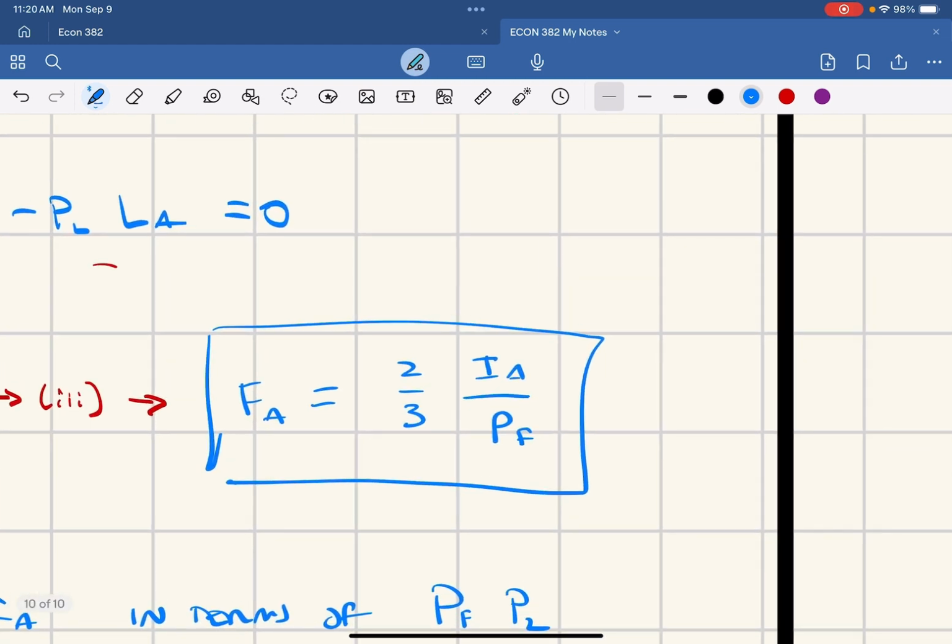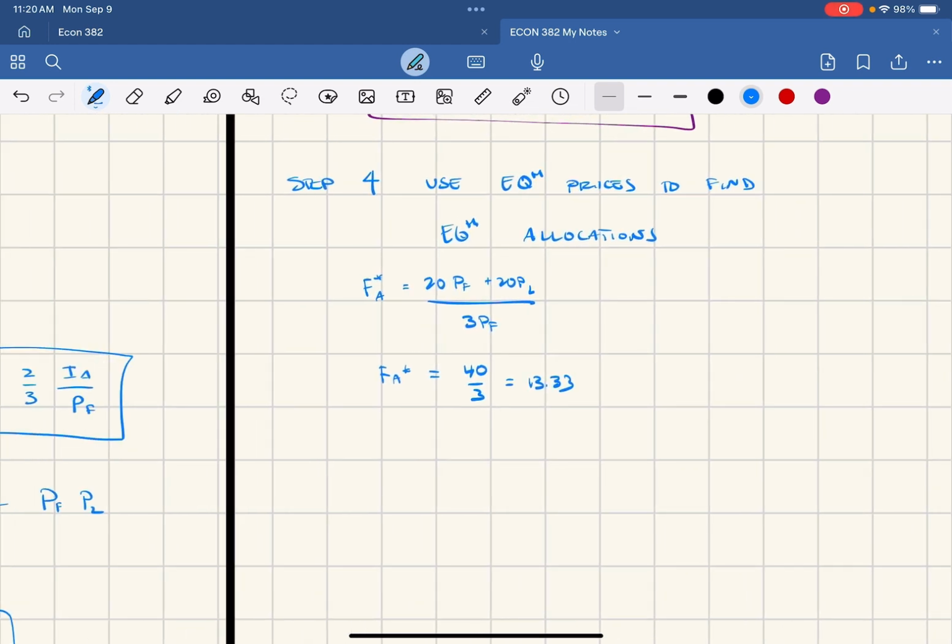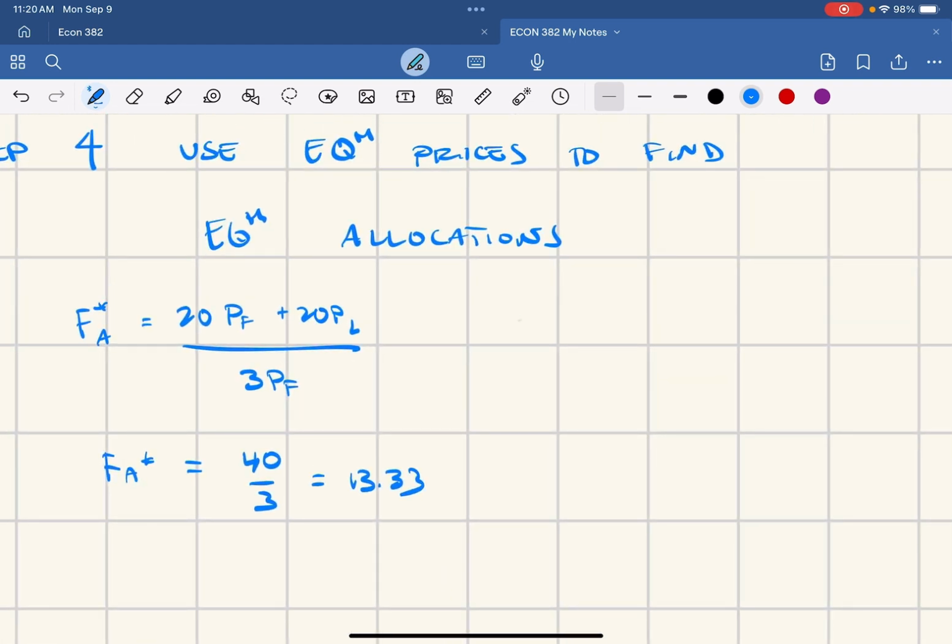Another way we can think about this was our intermediate step that we did over here, that the optimal amount for Adam in terms of income and prices is 2/3. So we can use that as well to say that F of A is equal to 2 times the income over 3 times the price of figs. If you remember, the income for Adam was 10 times the price of figs plus 10 times the price of leaves. And so this means that Adam's income is 20.